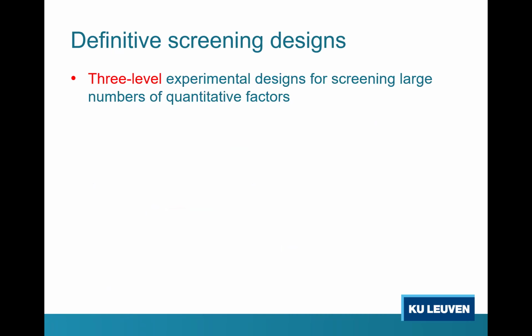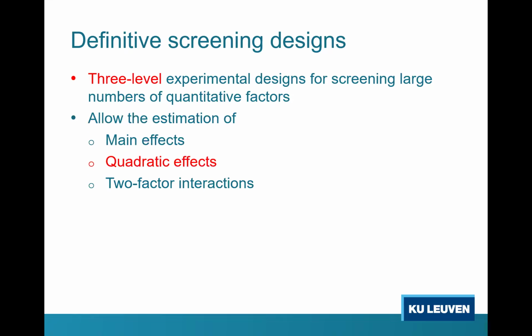Now, much more recently, since 2011, there's another kind of experimental plan that came about. And that's the so-called definitive screening design. Definitive screening designs also have 3 levels for every factor that you want to study.